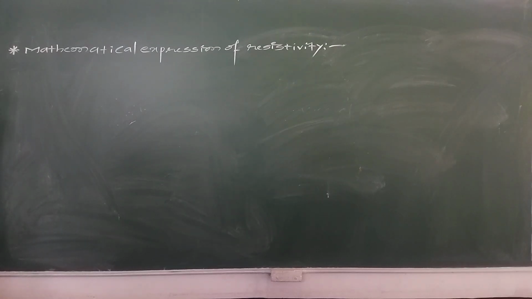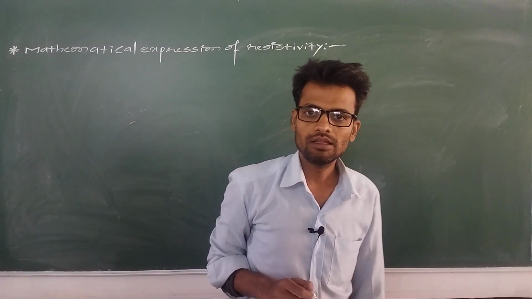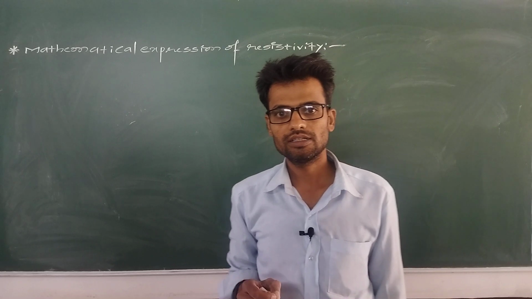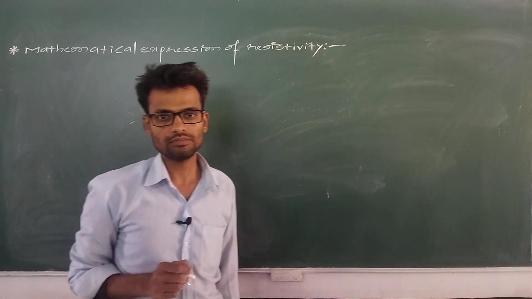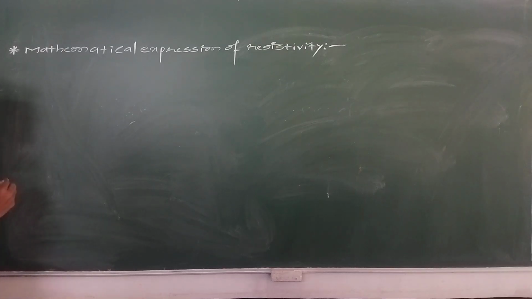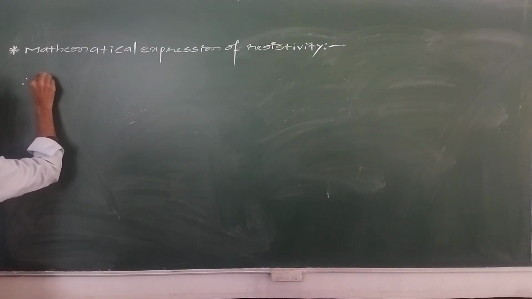Point number one: resistance of the conductor is directly proportional to length of the conductor. R is directly proportional to L. I'll write here the first point.